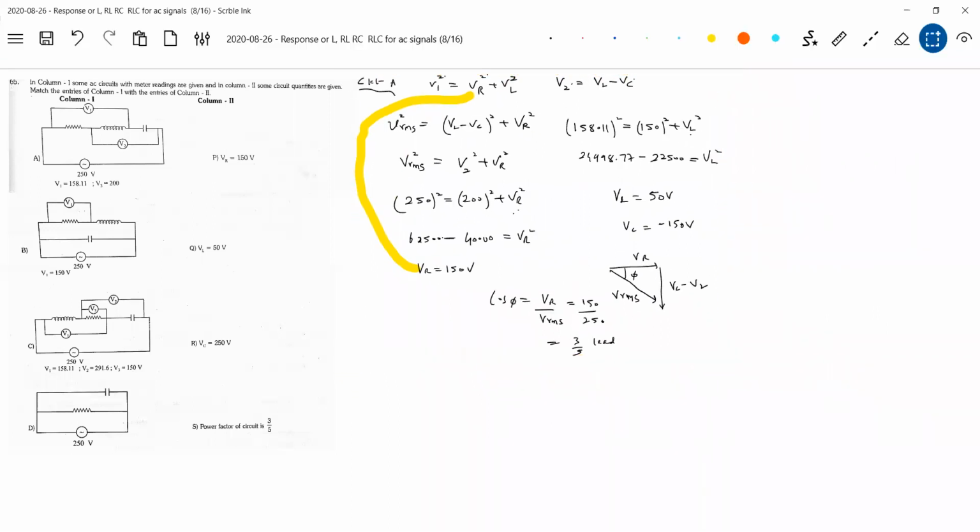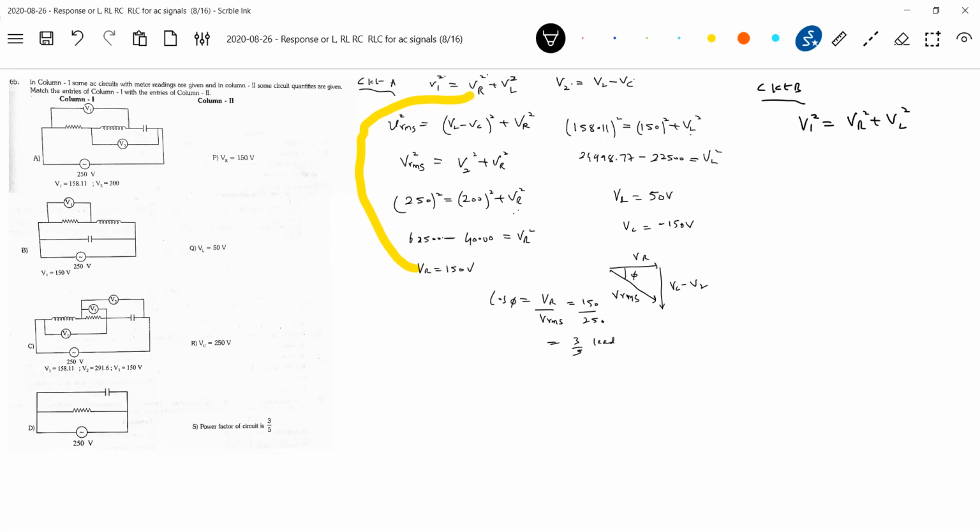Next after this, we'll go for circuit B. In circuit B, V1 square equals VR square plus VL square. What is V1?